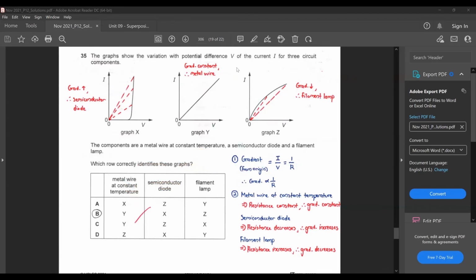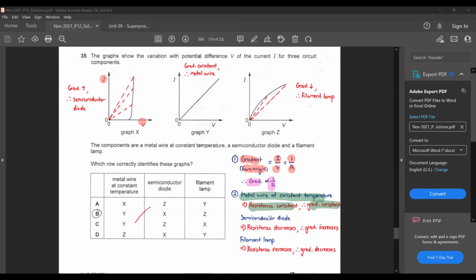The gradient from the origin is I over V, because you're given I-V graphs here. I over V is the reciprocal of resistance. So you can say the gradient is inversely proportional to R. If you have a metal wire at constant temperature, resistance is constant, therefore the gradient should be constant.